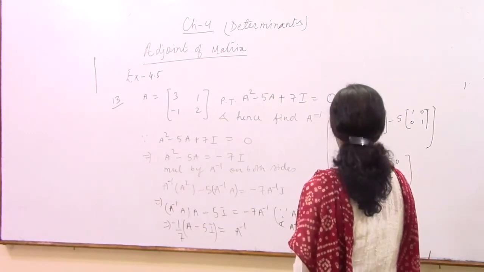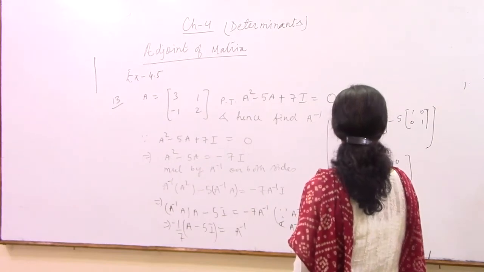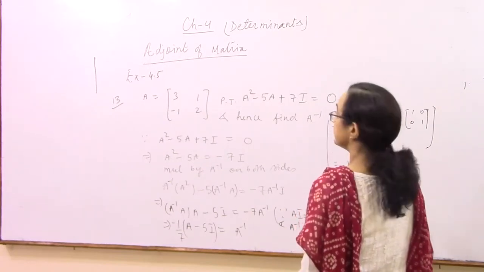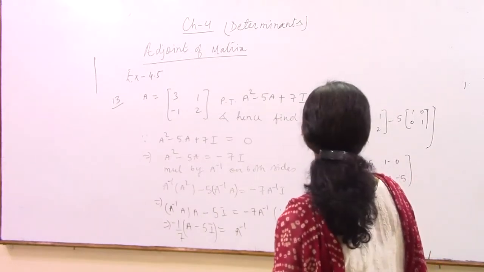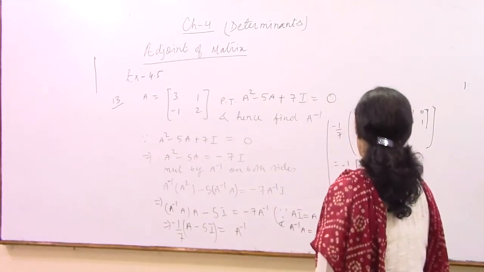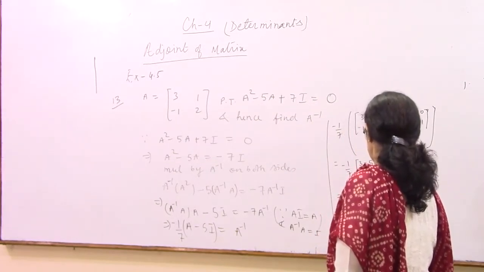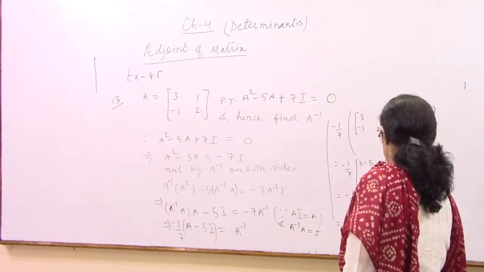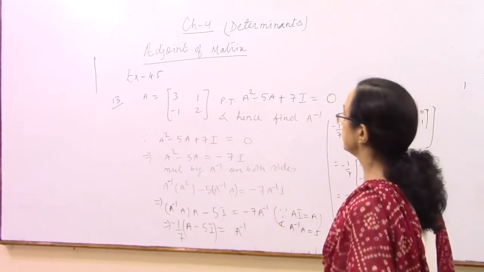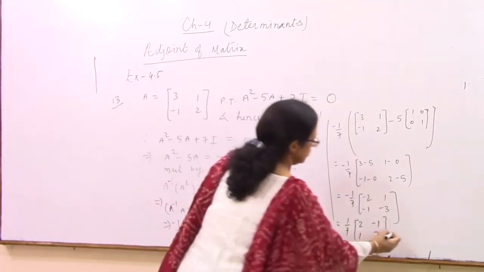So we have minus 1 by 7 times [-2, -1; 1, -3]. Multiplying the negative sign, we have 1 by 7 times [2, 1; -1, 3]. So, answer.